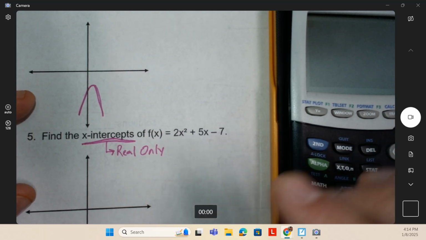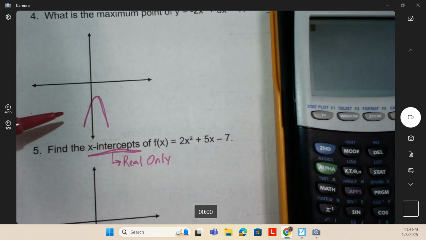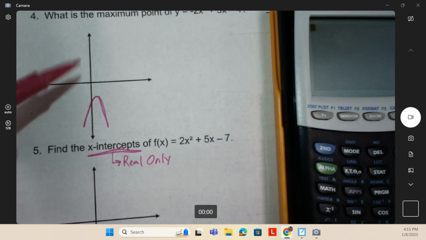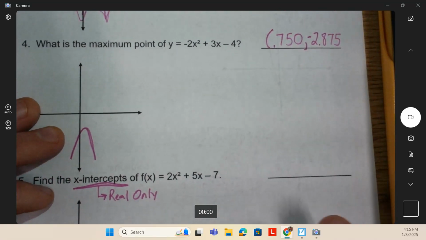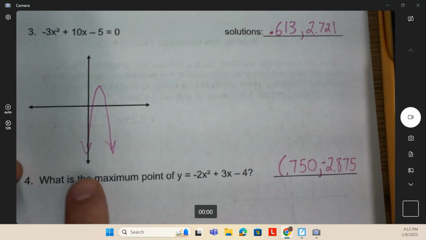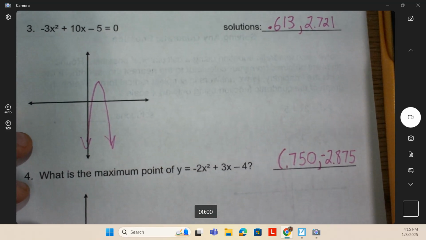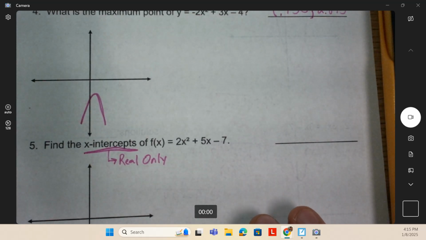So if I had a graph like this on number 4, it doesn't cross the x-axis, then obviously there are no x-intercepts. Finding the roots for the equal 0, I get those imaginary just because of the way it works out. But for x-intercepts, you're doing the exact same steps there as we did up here, putting it into the calculator, finding the zero. So same thing on that step, and you would get your answers there.